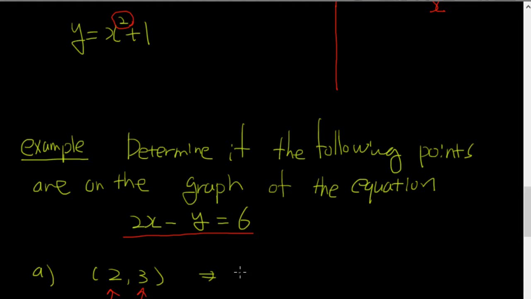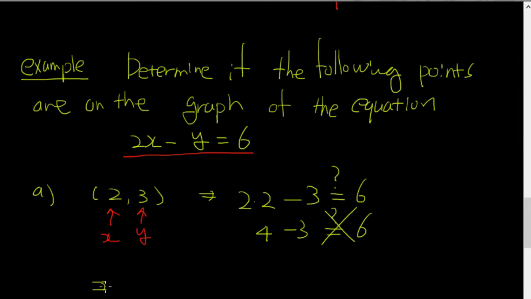The equation becomes 2 times 2, minus 3. We would like to know whether this is equal to 6. That's 4 minus 3, which is not 6. So this point is not on the graph.